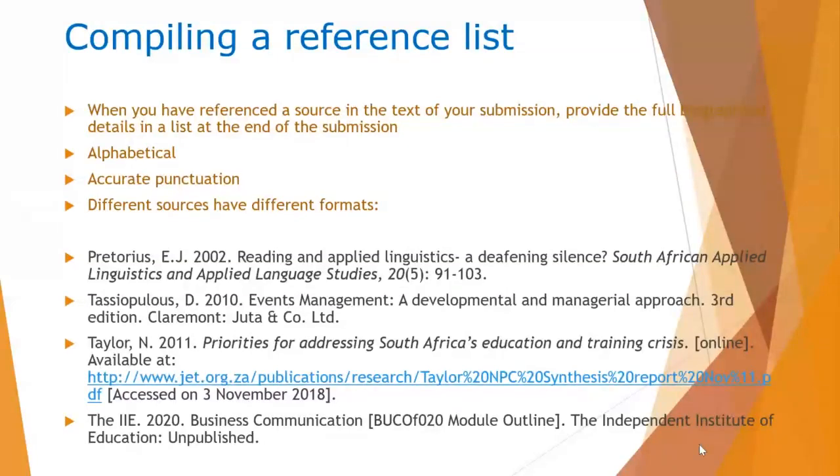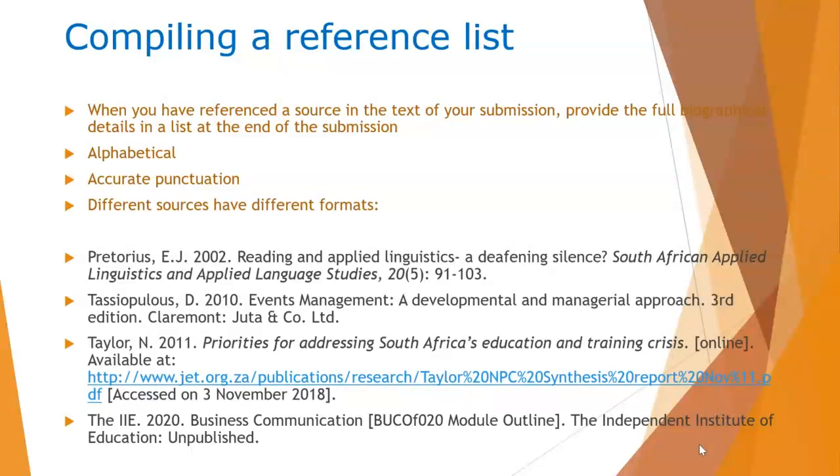For example, if you look at the first one, Pretorius E.J., Reading and Applied Linguistics, South African Applied Language Studies, 25. This is a journal article. I know this because the title of the journal is included in italics, and the issue and volume numbers, 20 and 5, and the page numbers 91 to 103 are provided.